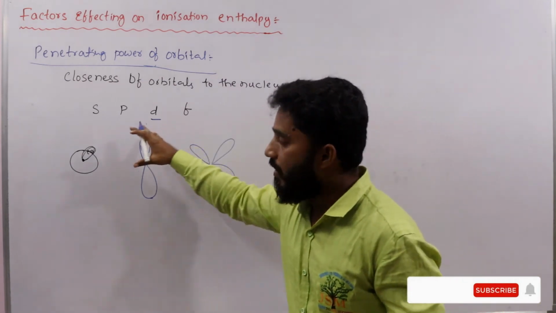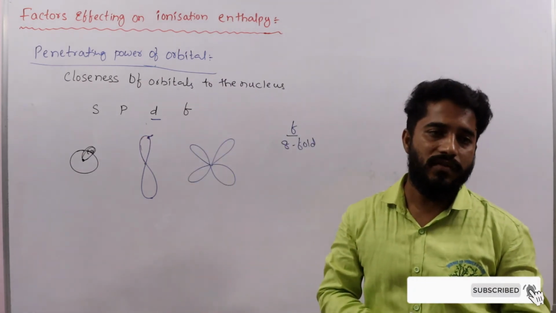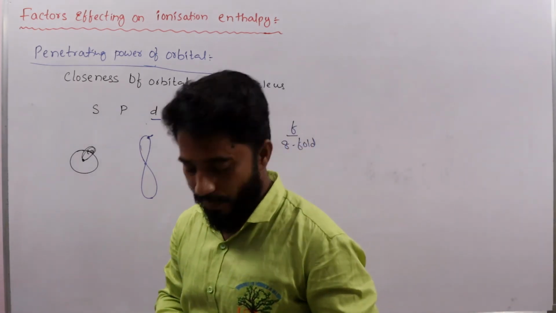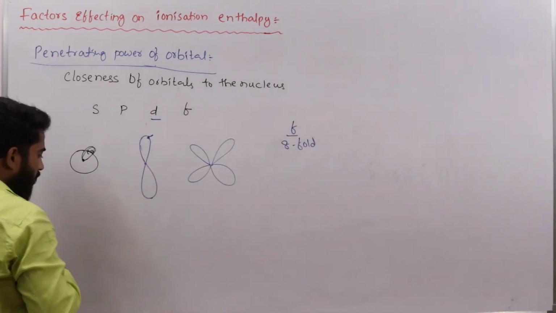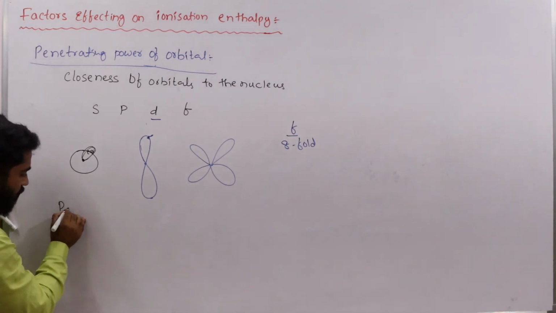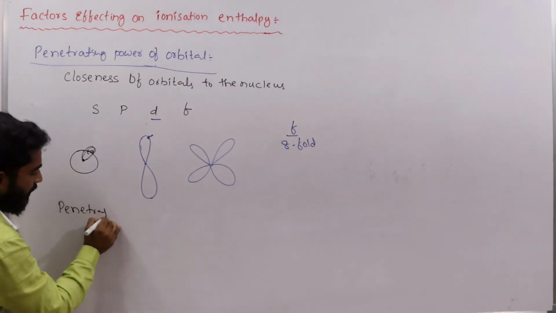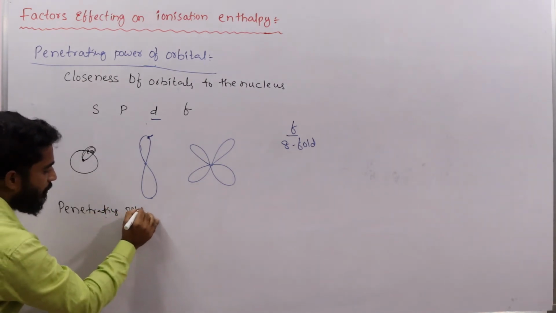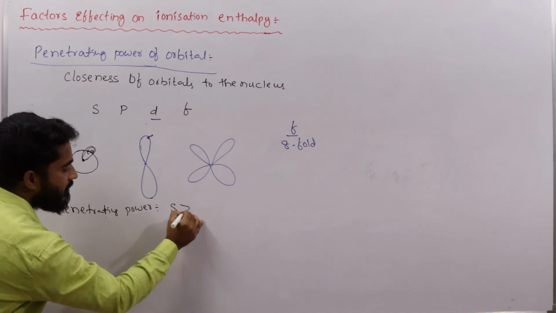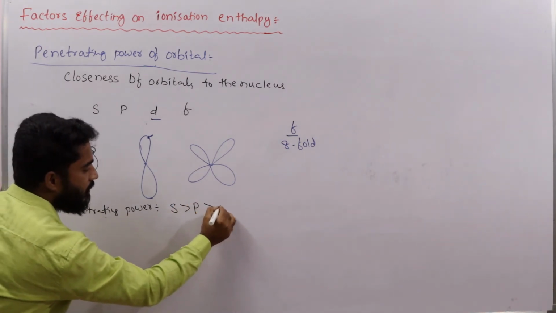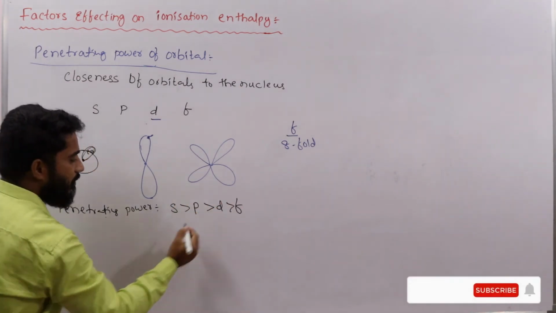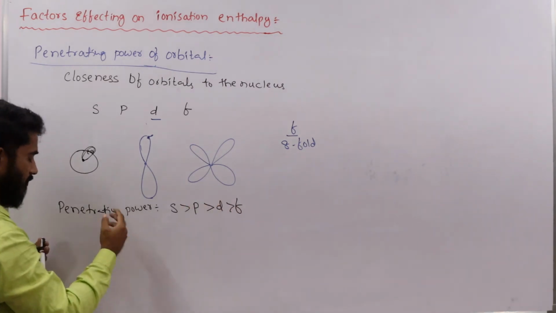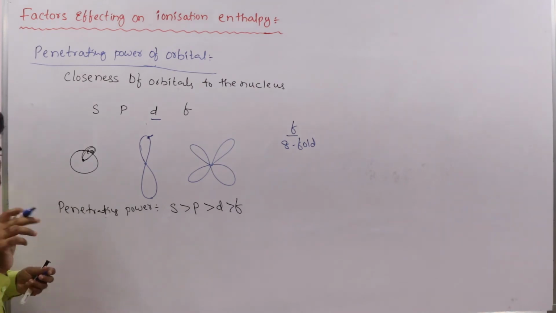Among these four orbitals, which orbital is very close to the nucleus? The s orbital, because of its spherical shape. That's why the s orbital's penetrating capacity is more. Penetrating power of orbitals is more for s, then p, then d, then f. When the penetrating power decreases, what will happen?